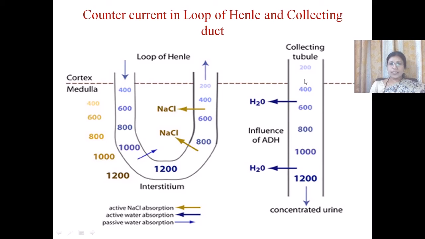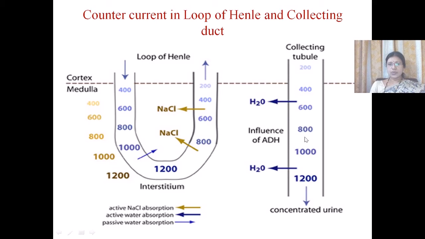So from this filtrate, water is again reabsorbed into the interstitial fluid, and some amount of urea is also reabsorbed. As the reabsorption of water takes place, the sodium chloride and urea remain, and the concentration gradually increases.